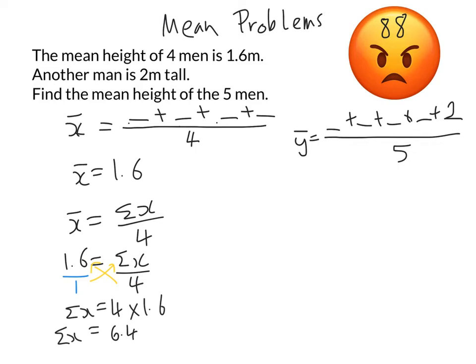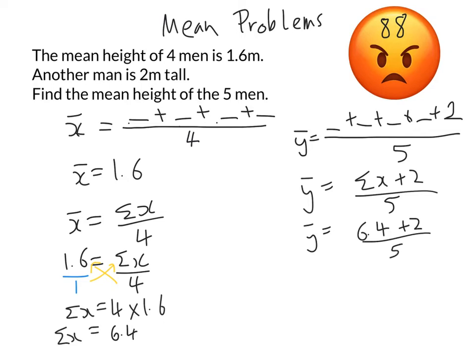But why is that useful? It's useful because if we want to find the mean of the 5 people, you want to know what that sigma x is. You want to get that, add the 2 onto it, and then divide it by 5. So the 4 people's heights added together was 6.4. You add 2 onto it, and then you divide it by 5.